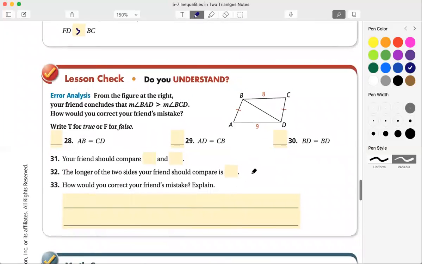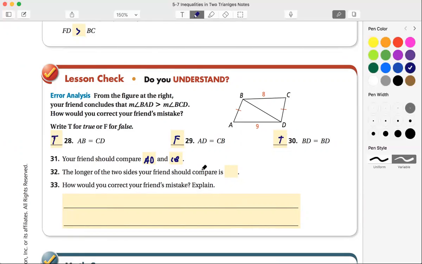All right, what went wrong here? Which is true and which is false? Is AB equal to CD? That's true. AD equal to CB? That's false. BD equal to BD? That's true. So my friend should have compared AD and CB.